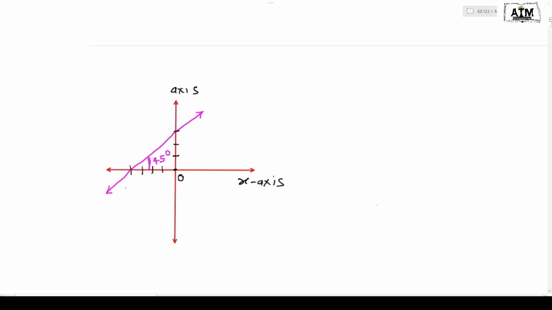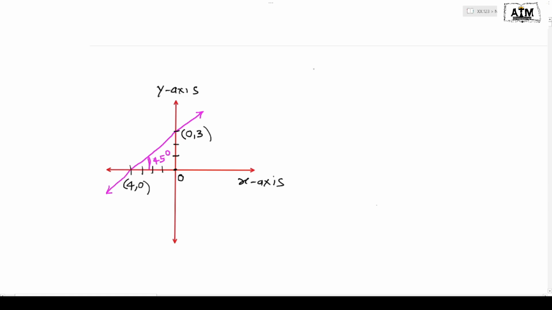Now, this line is cutting the y-axis at how much distance? 1 unit, 2 unit, 3 unit. So coordinates become 0, 3. And on the x-axis, 1 unit, 2, 3, 4. So 4, 0.